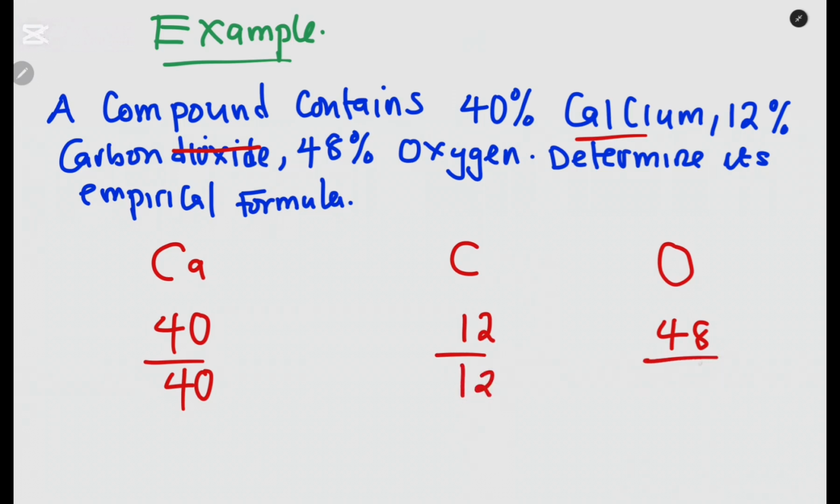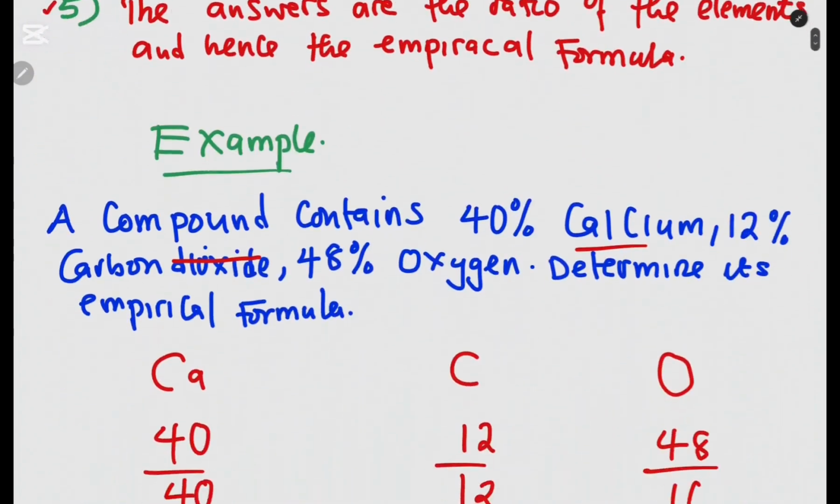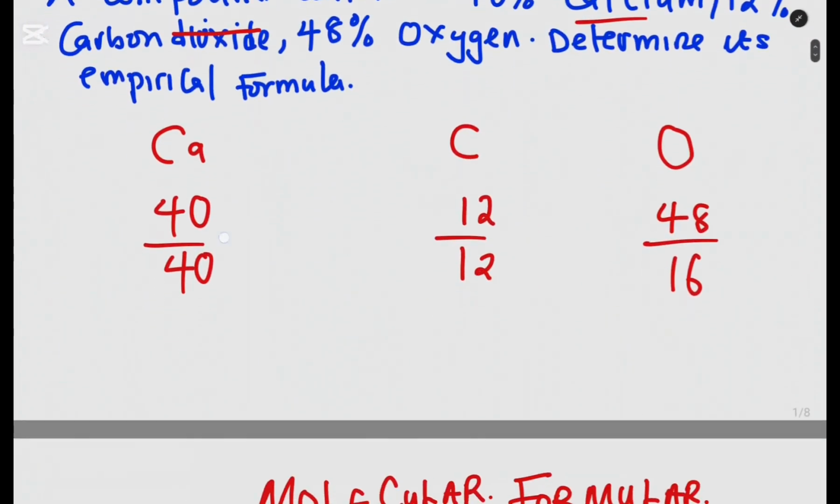Then that of oxygen is 16. Which means here when we divide, we are going to find answers. Here we are going to have a 1. Here also we are going to have a 1. Then 48 divided by 16 should give us a 3. So that is what we have.